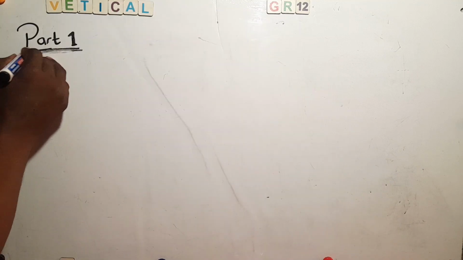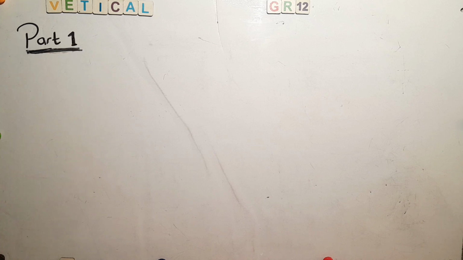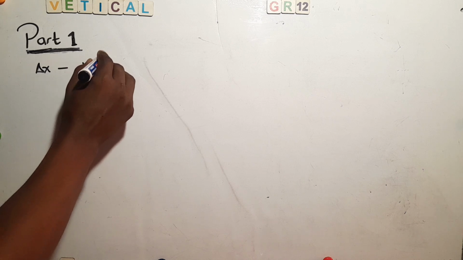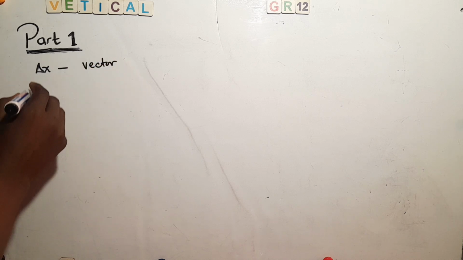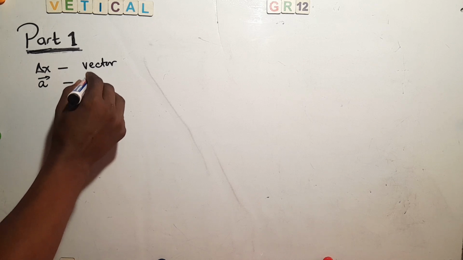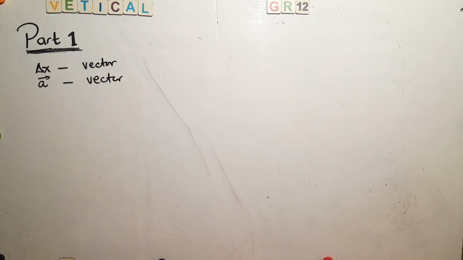So when we're dealing with vertical projectile, the things that we need to understand: since we'll be working with displacement, and displacement is a vector, and also we'll be working with acceleration, it is also a vector.